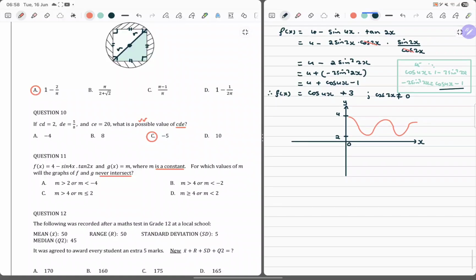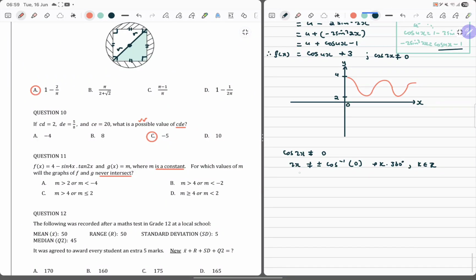Now let's see, what is this whole situation? Cos 2x is not equal to 0, means 2x must not be equal to plus or minus arc cos of 0 plus k times 360 degrees, where k is an element of integers.